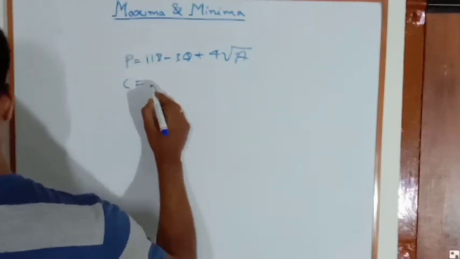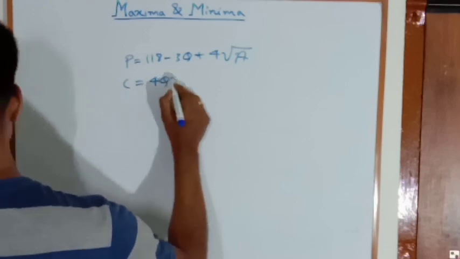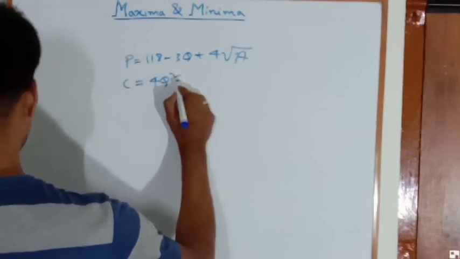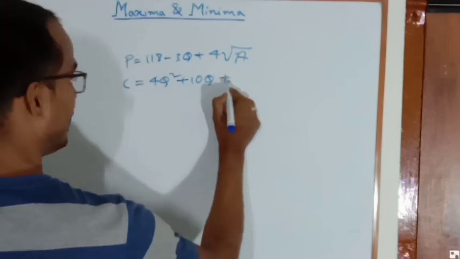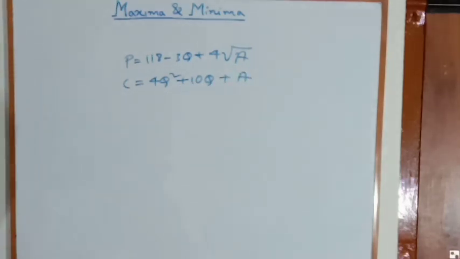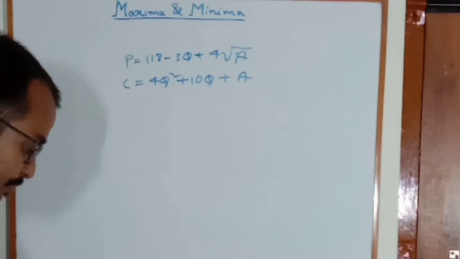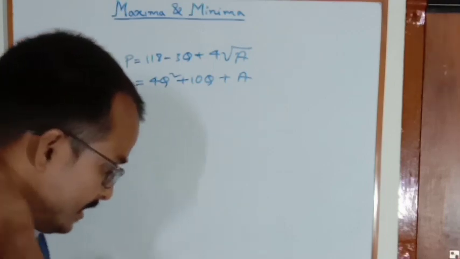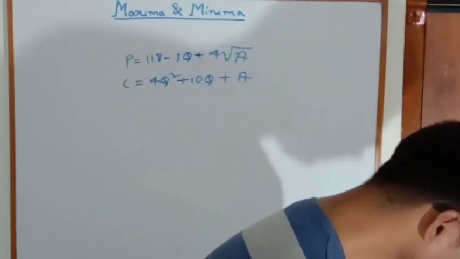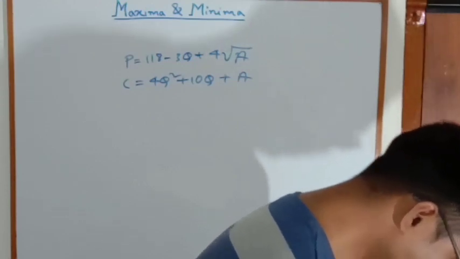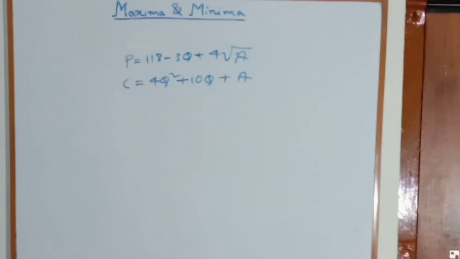C is equal to 4Q square plus 10Q plus A. And you are watching that A is in both the cases. A is in revenue, A is in cost. Why?